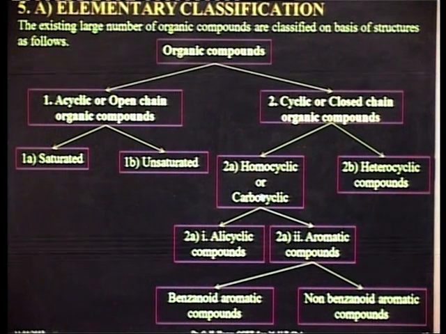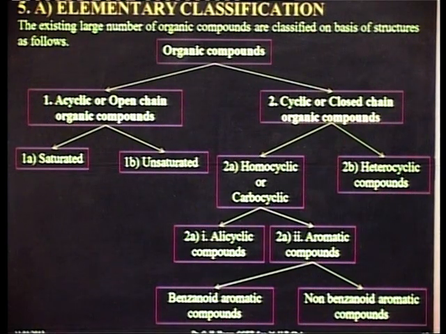One is homocyclic, meaning there is a closed structure and homo means they have the same type, so carbocyclic compounds. And there are some other closed chain organic compounds which, in addition to carbon as a member of the ring, can have nitrogen, oxygen, sulfur as members of the ring, and such compounds are called heterocyclic, because by heteroatom we mean a foreign element.